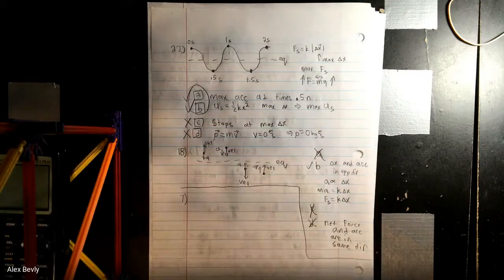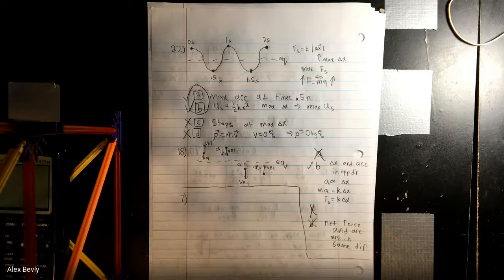Let's see, what's the best way to draw this out? Force exerted. Measure F as a function of the cube's distance. So it's released at a position of 0.5 meters.